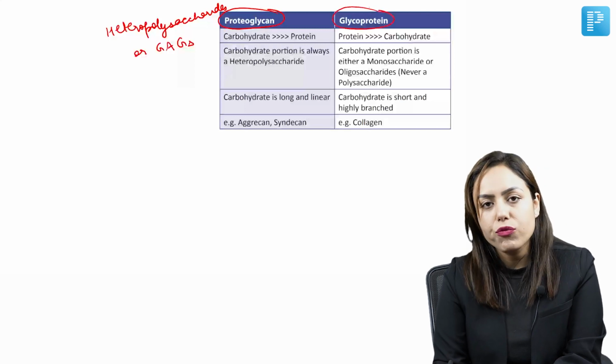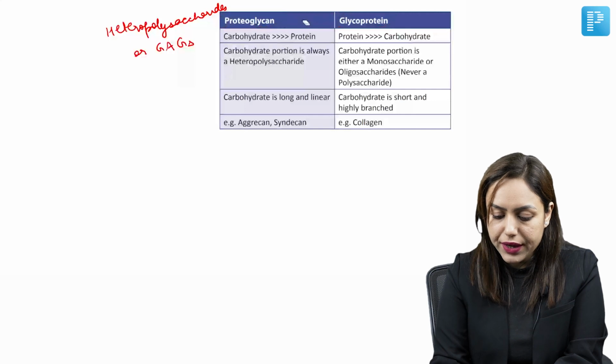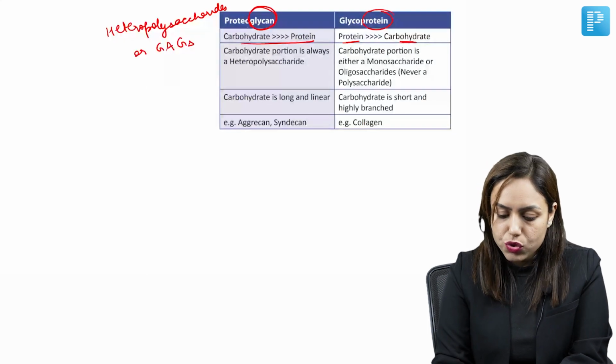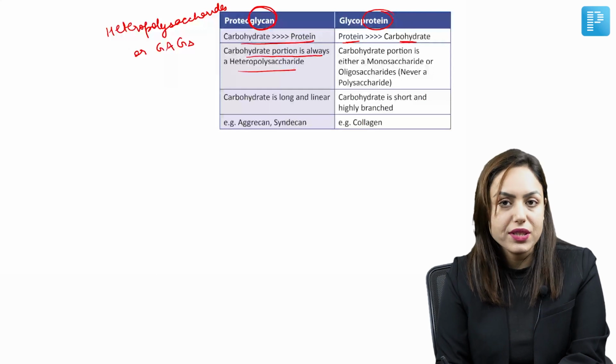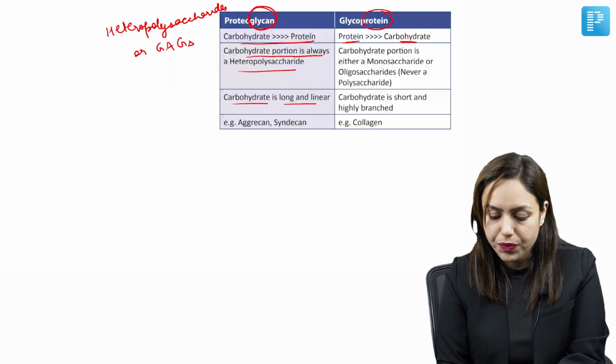Okay, both have protein plus carbohydrate, but the part which is written later is more in amount. Here glycan, carbohydrate, is more than protein. Here protein is more than carbohydrate. Okay, so in proteoglycan, carbohydrate is always a heteropolysaccharide, and carbohydrate here is long and linear.